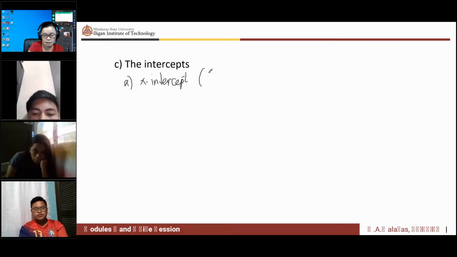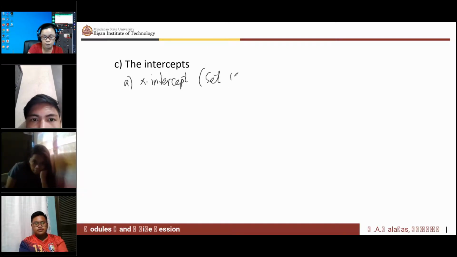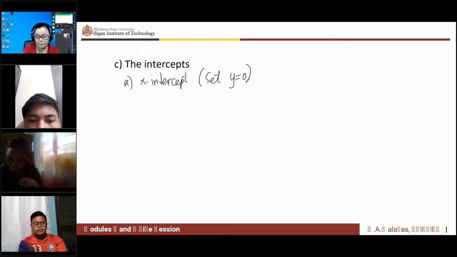For the x-intercept, set y to 0. So what is our equation again?